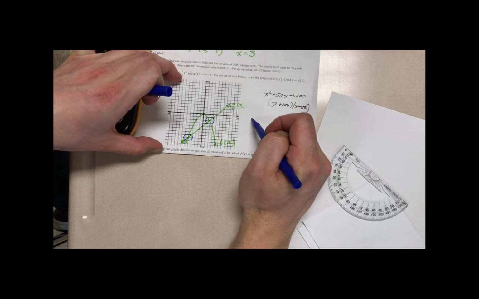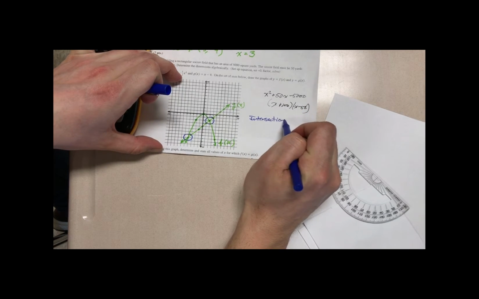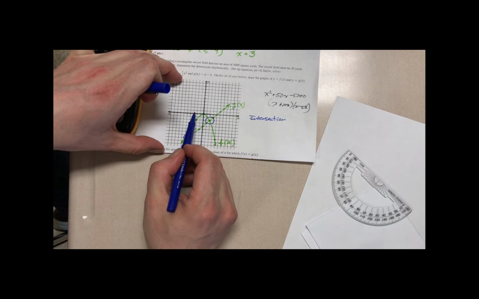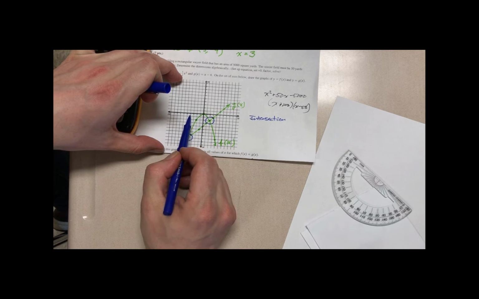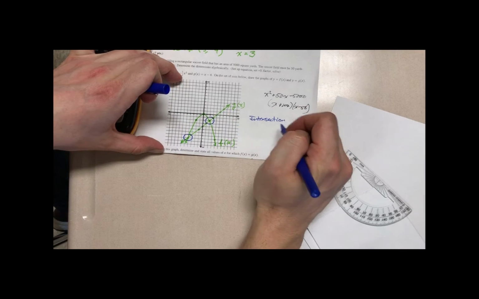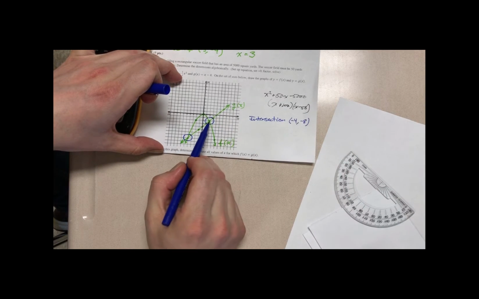So what are those 2 points of intersection? Well, the first one's right here. It looks like it's at -4, -8. And what about this point of intersection?